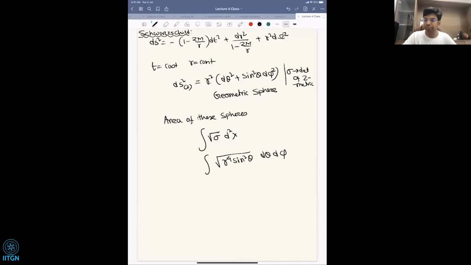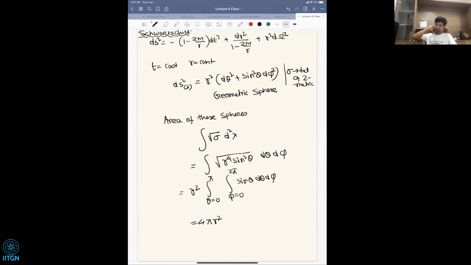This is for r equal to constant, so r square goes out, and we have theta equal to 0 to pi, phi equal to 0 to 2 pi, sine theta d theta d phi. If you calculate this, it just gives you 4 pi r square, which is expected, the area of a sphere. So we did the class 10 calculation of the area of a sphere.